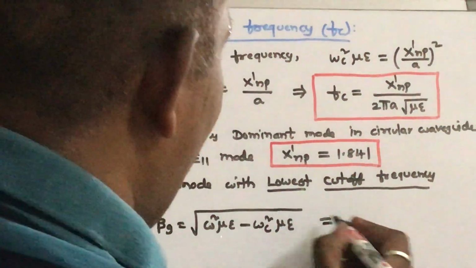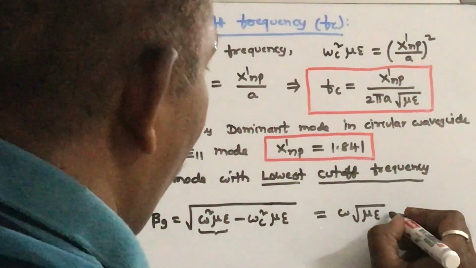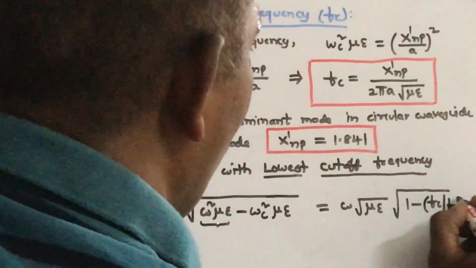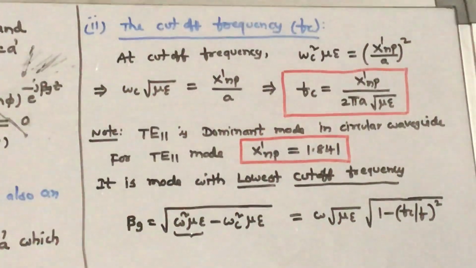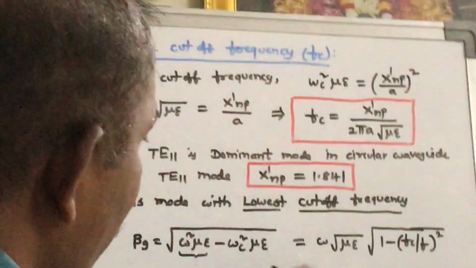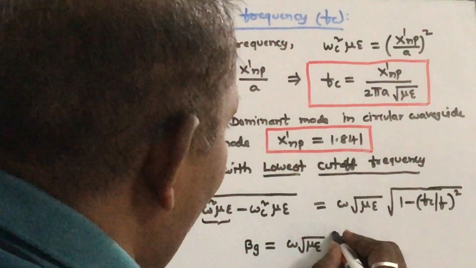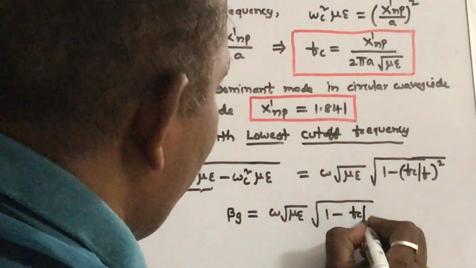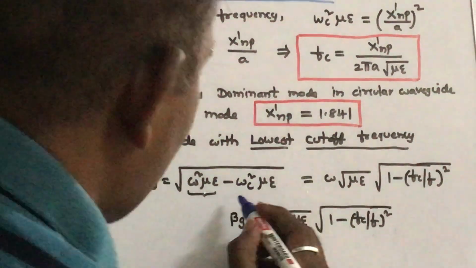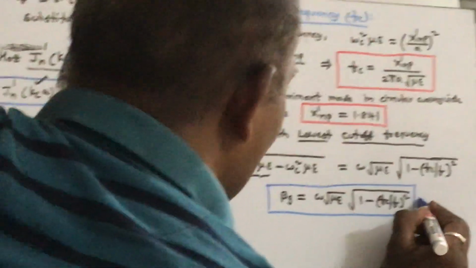Taking omega square mu epsilon common outside, it is written as omega square root of mu epsilon into square root of 1 minus fc by f whole square. This is a very important formula. We use this phase shift constant formula again and again while solving problems.